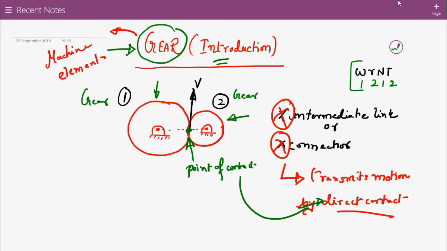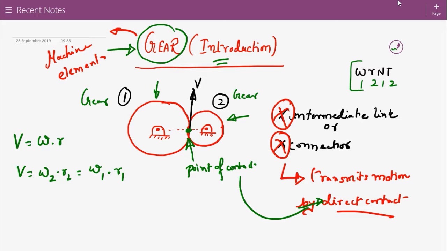Okay, as you know, your linear velocity can be defined as angular velocity or circular velocity into r. r is nothing but the radius of the gear, okay. So in terms of proportion, we can write omega 2, that is the angular velocity of the second gear, into r2, the radius of the second gear, equals omega 1, the angular velocity of the first gear, into r1, the radius of the first gear.